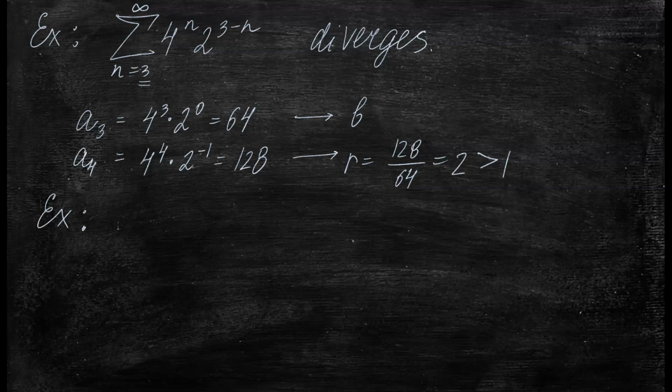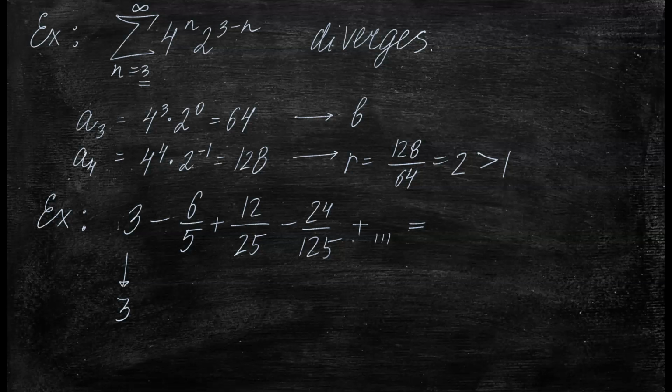Here's another example. If we have a series that's not given to us by a formula but written out explicitly like this, then the first thing we need to do is immediately identify the first term, b, and the common ratio.